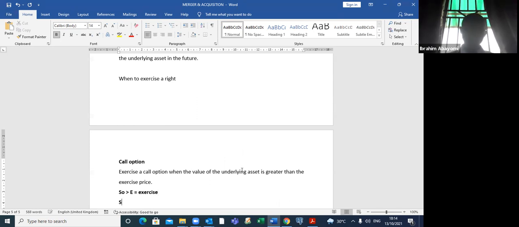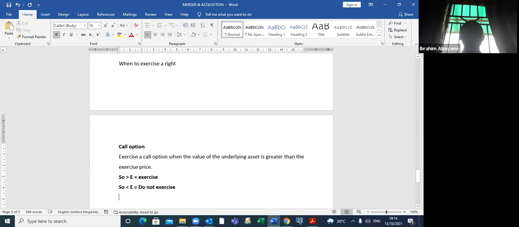But where S0 is less than E, then do not exercise. That is for call option because it's option to buy.